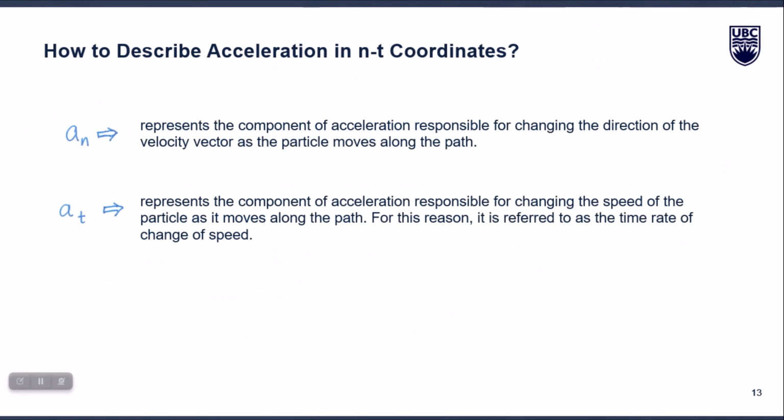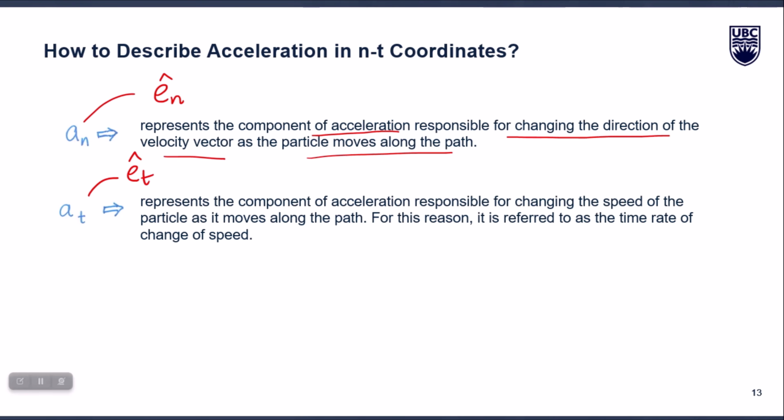One more description of both components in a slightly different form to clear concepts. A sub n represents the component of acceleration responsible for changing the direction of the velocity vector as the particle moves along the path. Since a sub n is in the e sub n direction and a sub t is in the e sub t direction, velocity is actually only in the t direction.